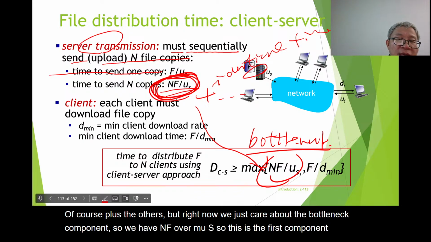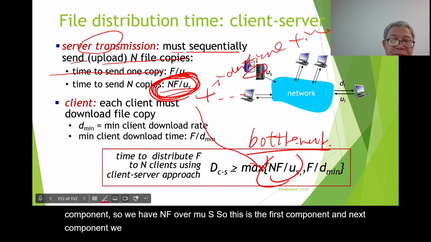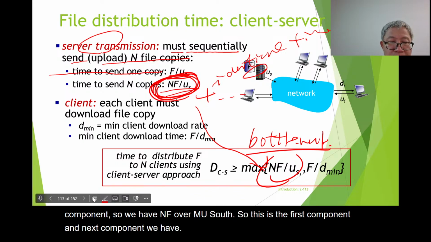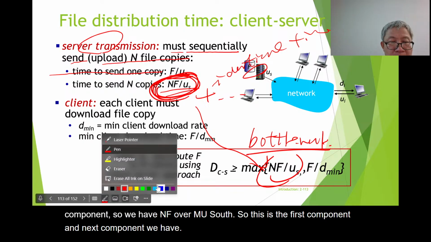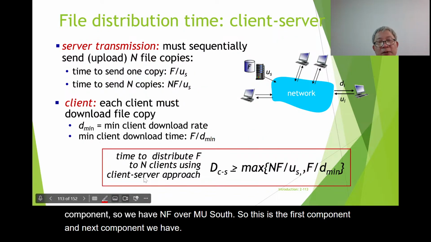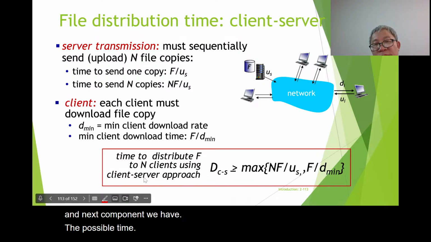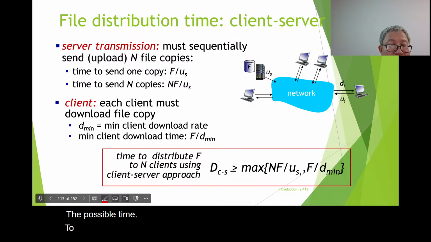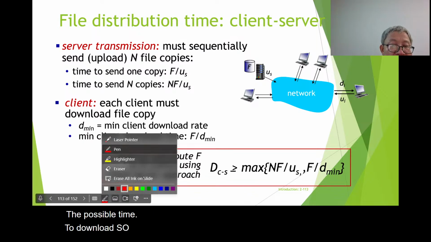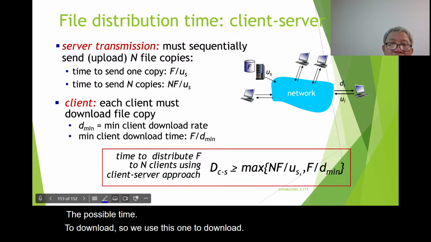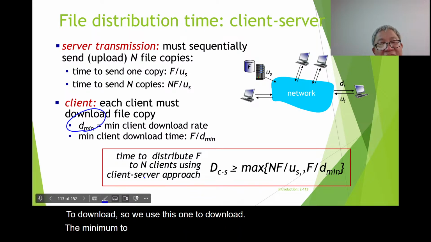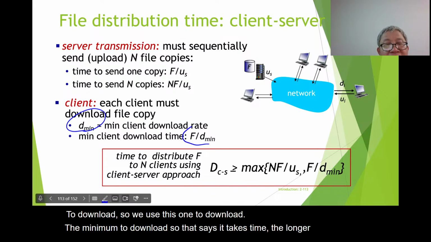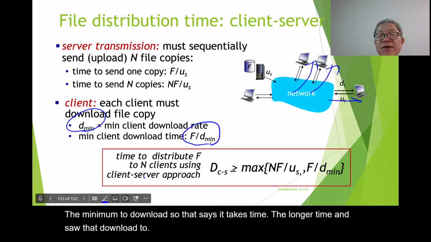And the next component is the possible time to download. The client with the minimum download rate takes the longer time to download.